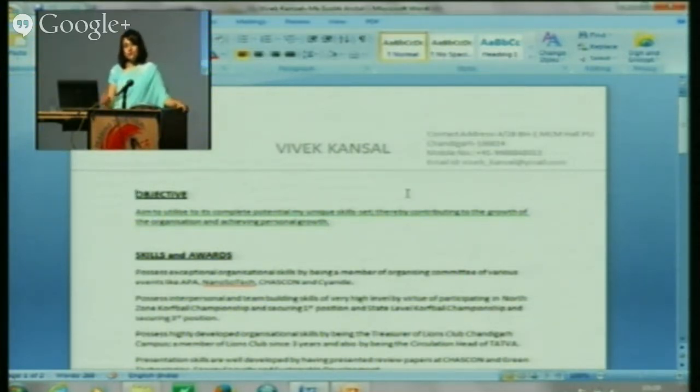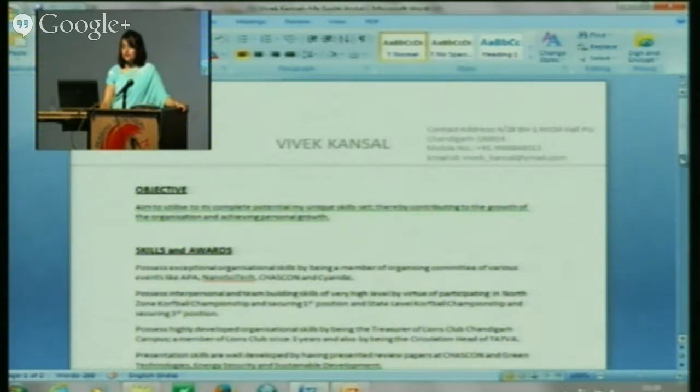Having given my objective, I then come to skills and awards. And this is where I list out my transferable skills as a student. Now I will not use the first person, it has to be in the third person.